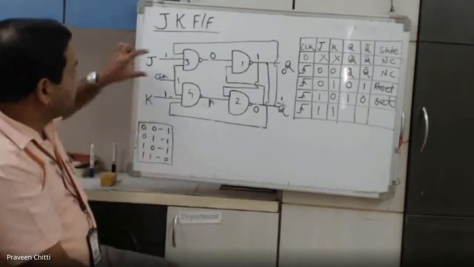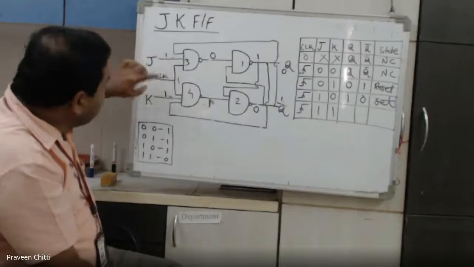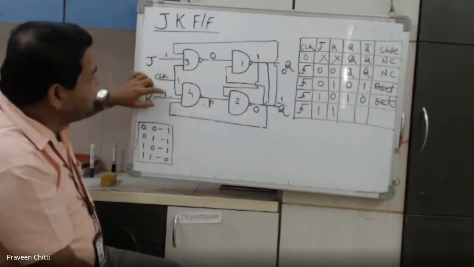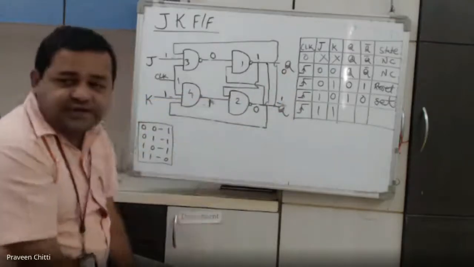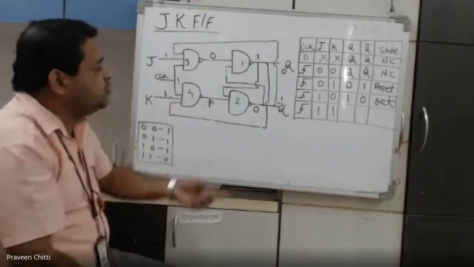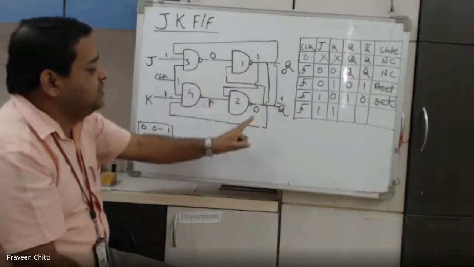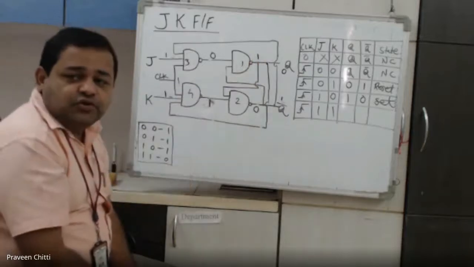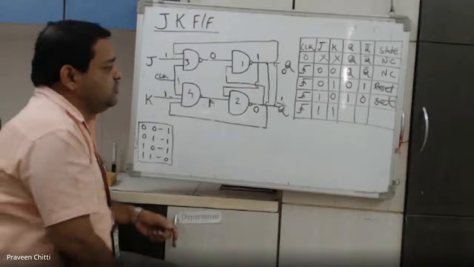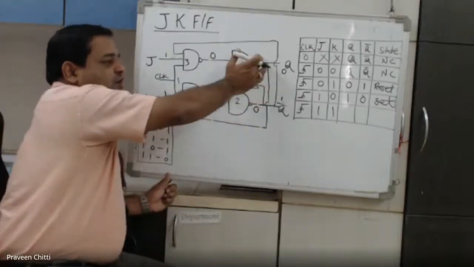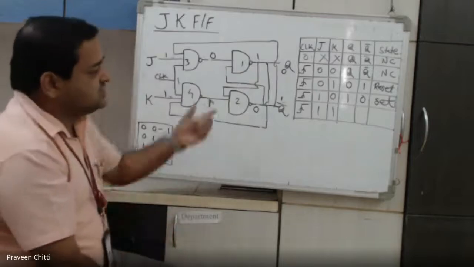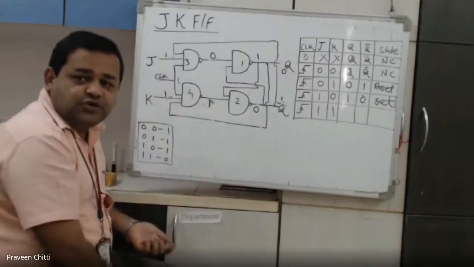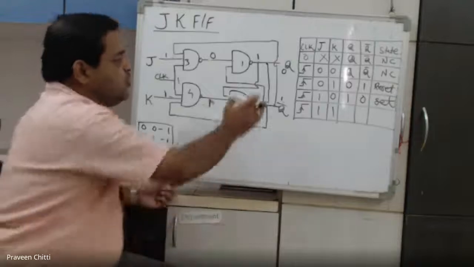Means when we apply J equal to 1, K equal to 1, if the previous output is Q equal to 0, Q bar equal to 1, the new output we are getting is Q equal to 1 and Q bar equal to 0. That is, for 0 we have got 1, and for 1 we have got 0. This is if we assume Q equal to 0 and Q bar equal to 1.